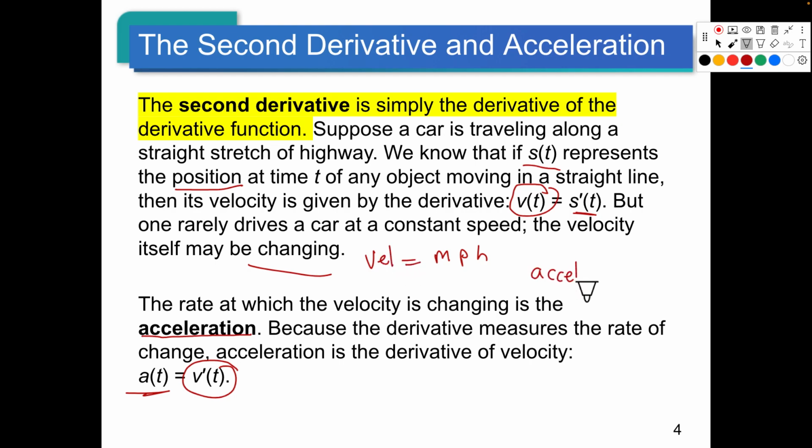And what is acceleration going to be? Acceleration is going to have units of miles per hour squared, because, and again, don't ask me to explain it, I don't really understand it, it's not speed itself, but how the speed is changing.